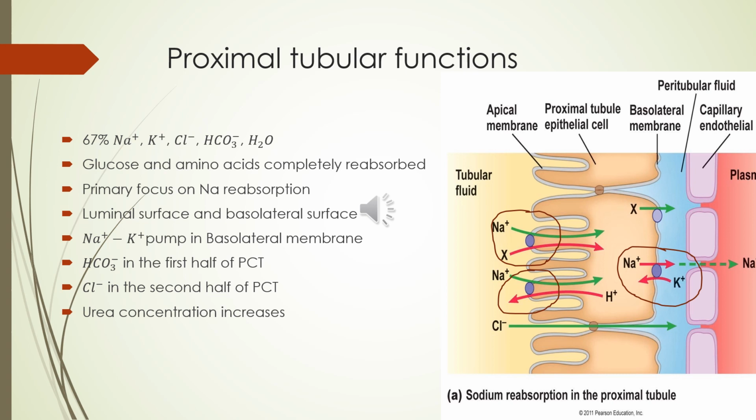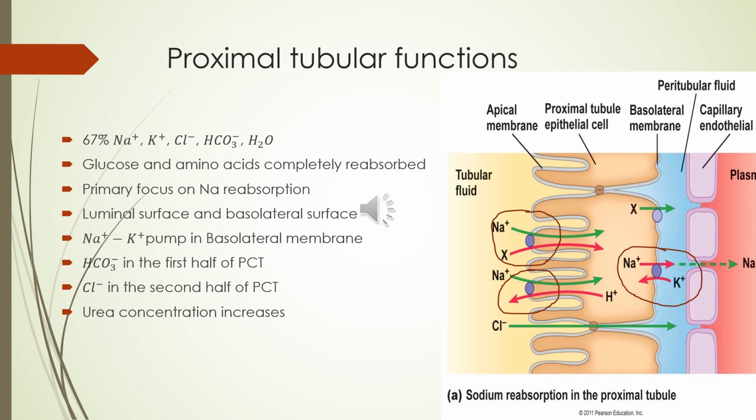That is, they are co-transported either in the same direction or in the opposite direction. So symport and antiport mechanisms are there for the transport of solutes, both organic and inorganic, and water from the tubular fluid. Okay, so this is a secondary active transport mechanism, as it utilizes the energy derived from the sodium potassium pump.